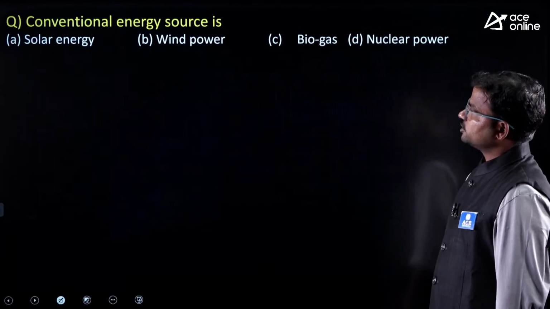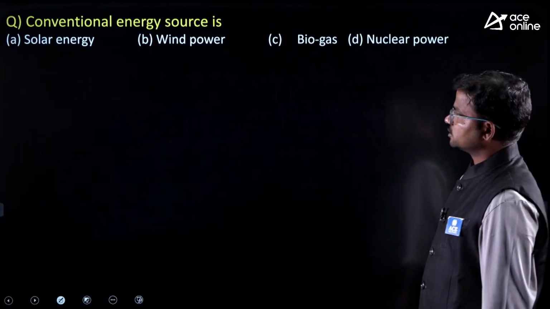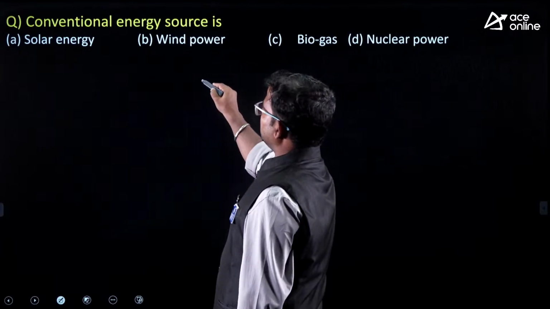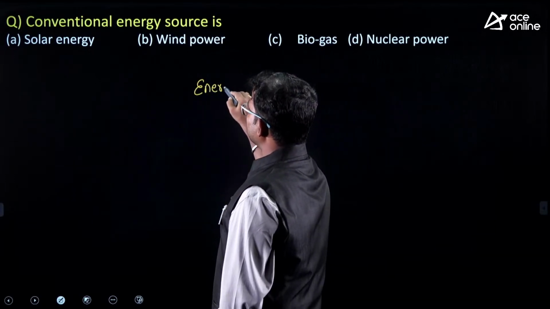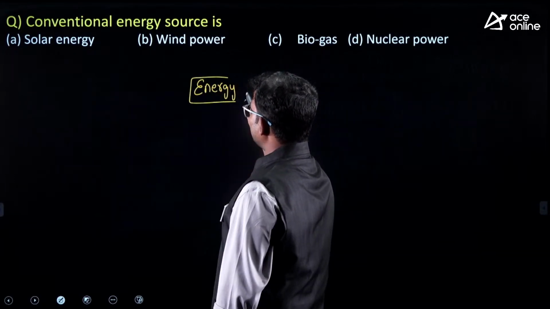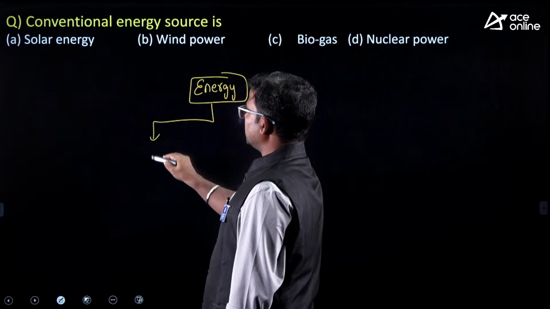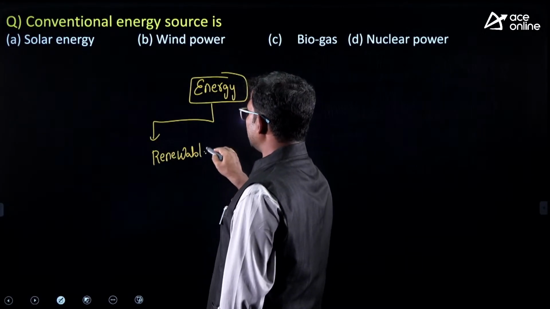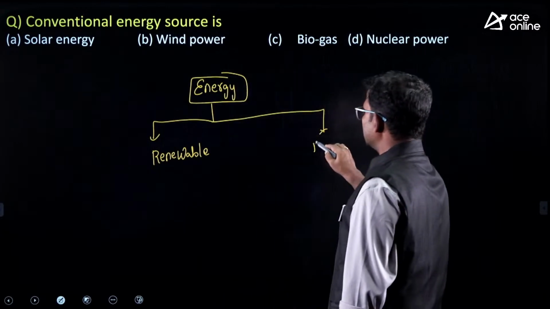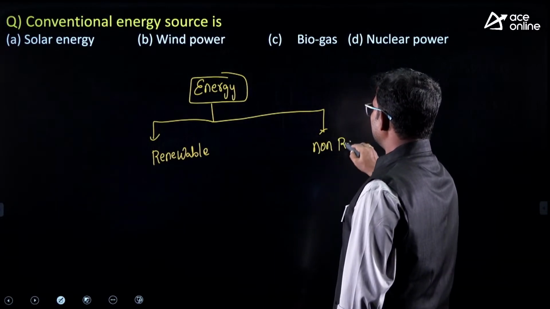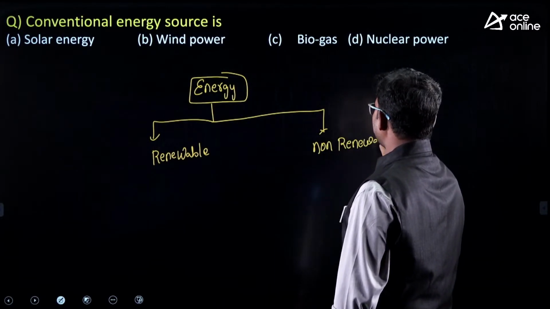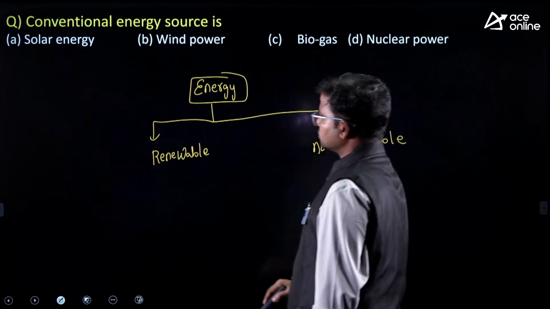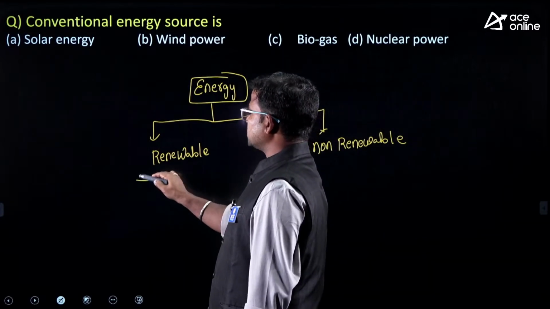Okay, right. So conventional energy source. Actually guys, energy sources are classified into two types. One is renewable energy, and the second one is non-renewable energy. So in renewable energy, what are the major examples?